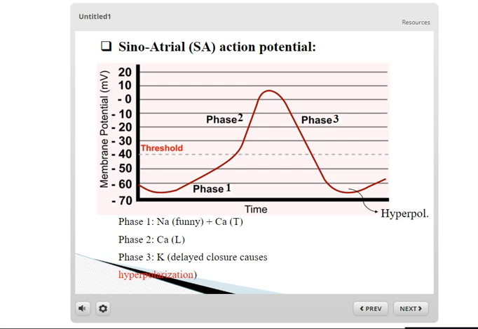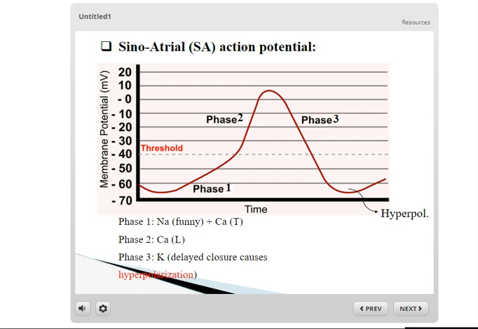Phase 1 is the spontaneous depolarization, the pacemaker potential, that triggers the action potential once the membrane potential reaches a threshold between minus 40 and minus 30 millivolts. And phase 2 is the depolarization phase of the action potential. This is followed by phase 3, repolarization.